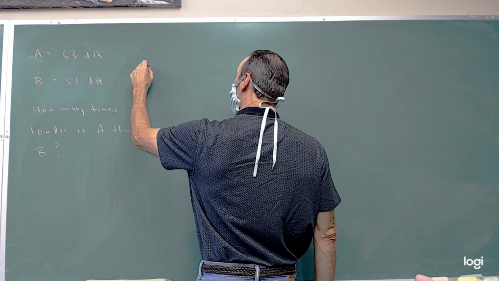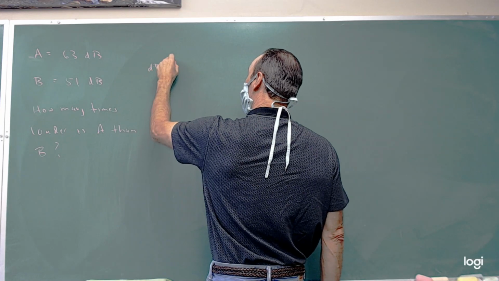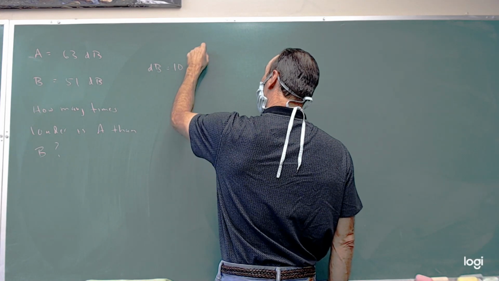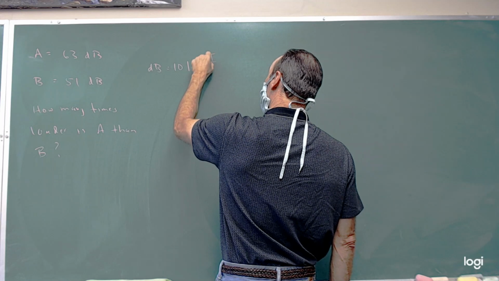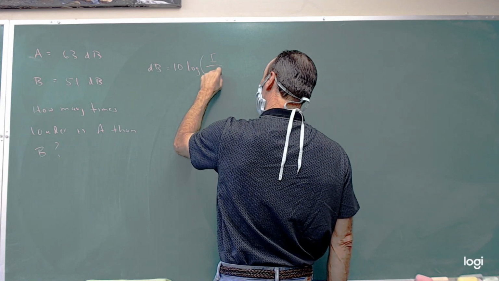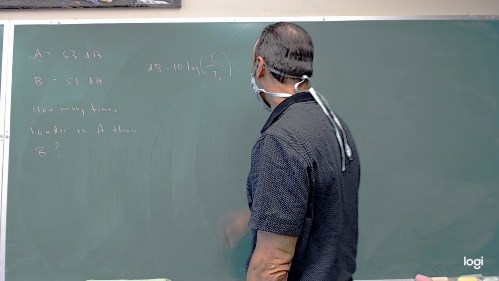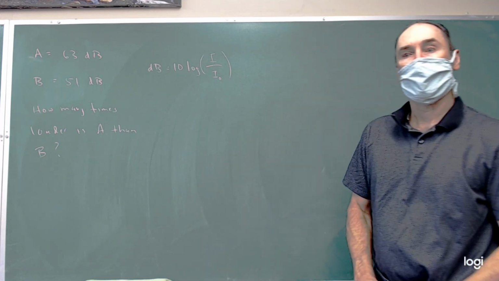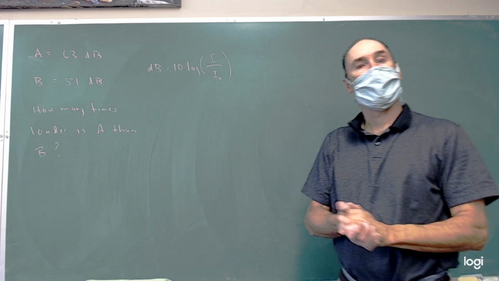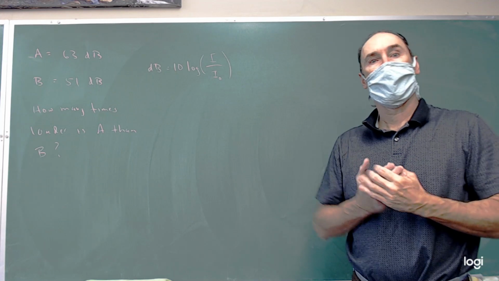And I think our decibel formula is 10 log of whatever the sound intensity is of our particular sound, over some comparison thing that's very, very small that we don't really have to know or remember.